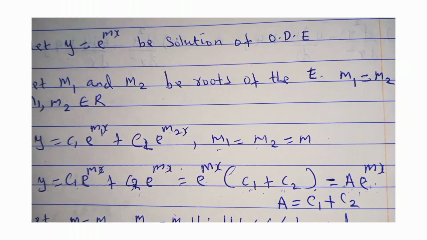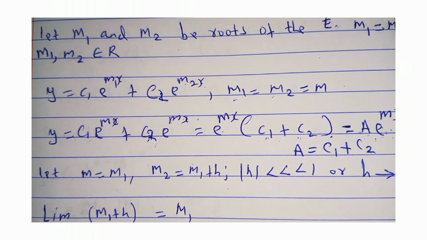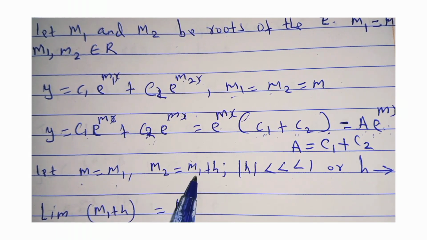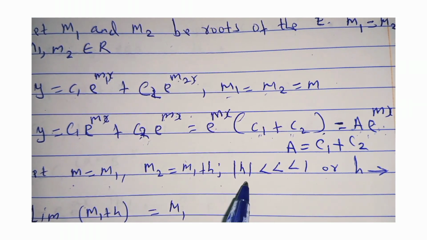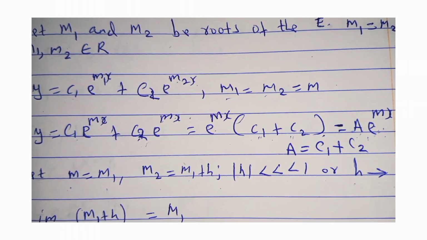So to get the correct solution, we are going to let our m be equal to m1 and our m2 be equal to m1 plus h. Here, h is very small, or h tends to 0.